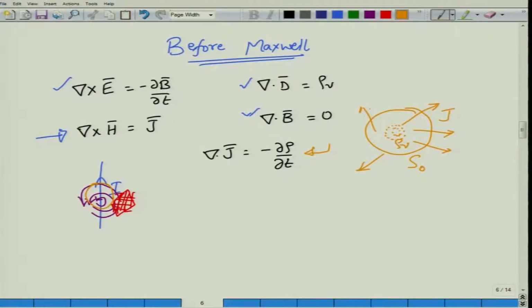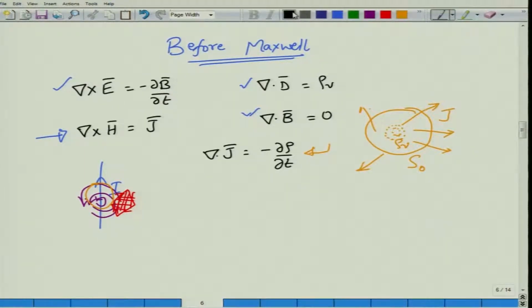Assuming that these charges are all positive charges, if the amount of positive charge decreases, then it constitutes a conduction current J. So this is what people understood before Maxwell, but unfortunately if you look at these equations, there is some inconsistency in the equation.